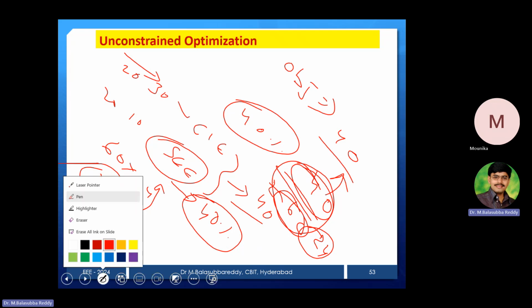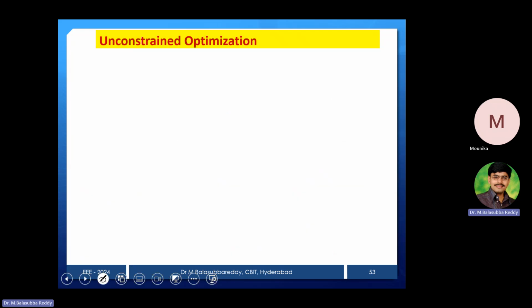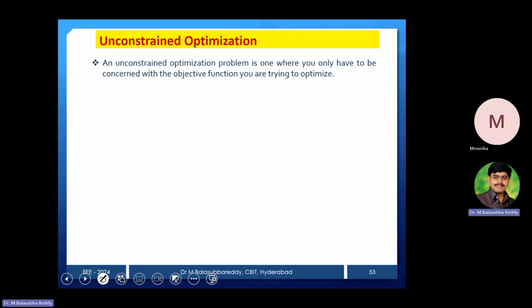This is broadly how to understand constrained optimization and unconstrained optimization. An unconstrained optimization problem is one where you only have to concentrate on the objective function alone.